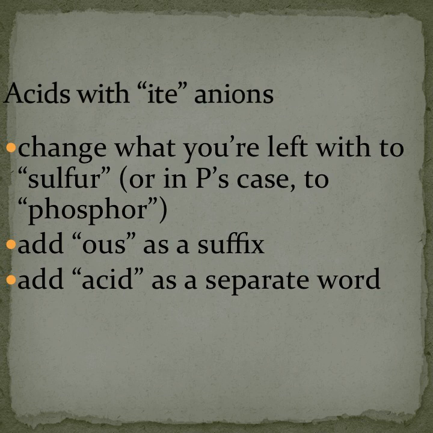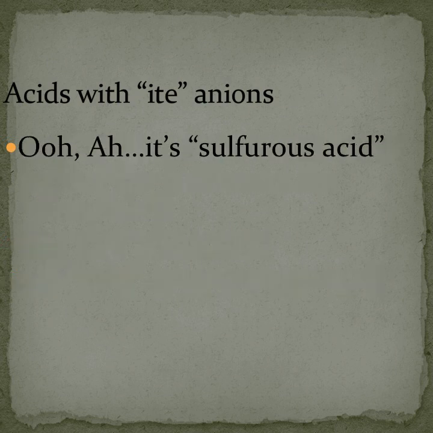And in phosphorus's case, you're left with phosph, but you make it phosphor. So I'm left with sulf, but I'm going to make it sulfur, and then it becomes sulfurous acid rather than sulfus acid. It's sulfurous acid. And I have it on this slide saying it's sulfurous acid. So again, sulfur and phosphorus are the weirdo ones there.